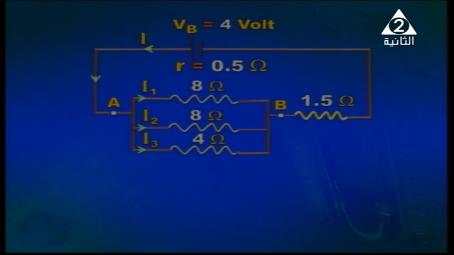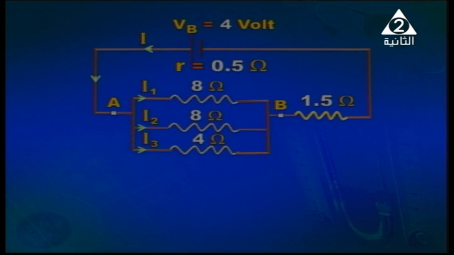Another problem. We've got a circuit shown in front of you. V battery here is equal to 4 volts, R internal is 0.5 ohm. We've got a parallel combination which consists of 3 resistors: an 8 ohm resistor, another 8 ohm resistor, and a 4 ohm resistor.